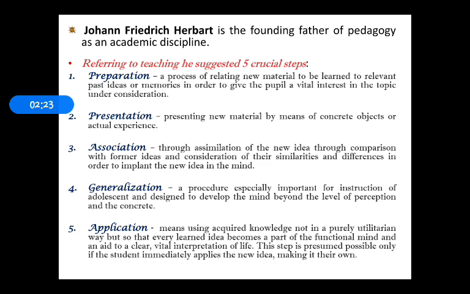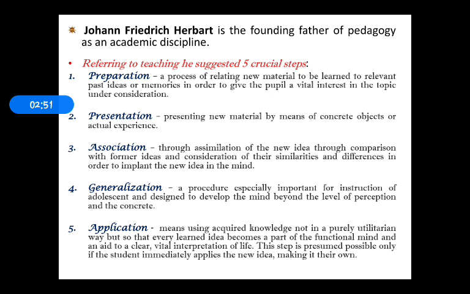Okay, then the next comes the association part. So in association, how is it expressed? Through assimilation of the new idea, through comparison with former ideas, and consideration of the new similarities and differences in order to implant the new idea in the mind. When I say association, it is very much clear, isn't it so?